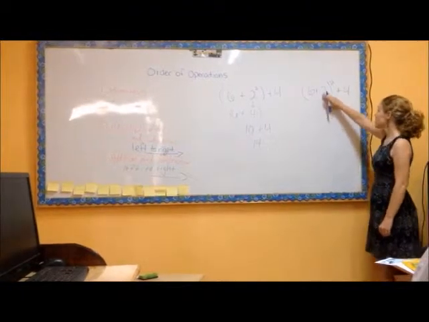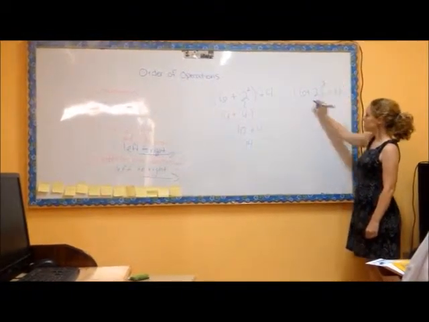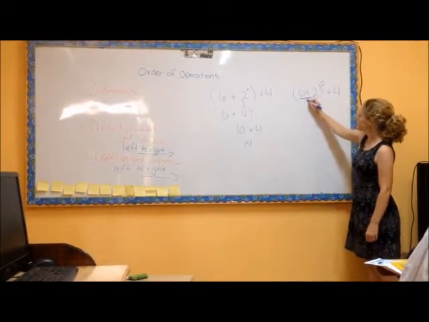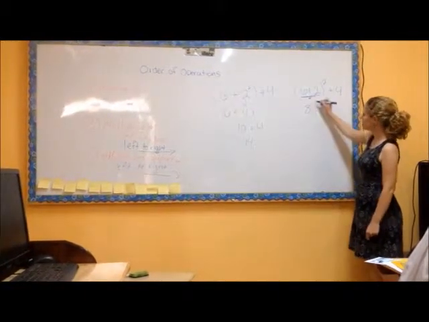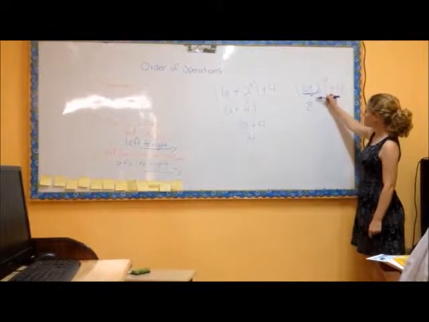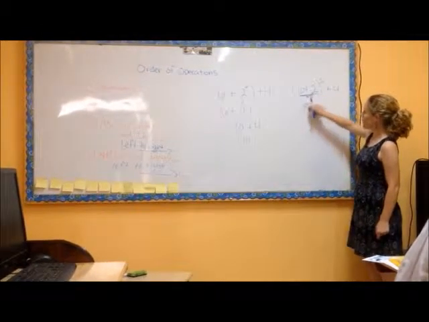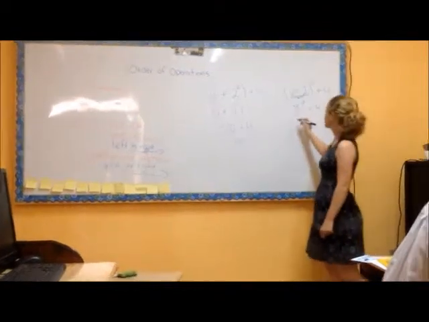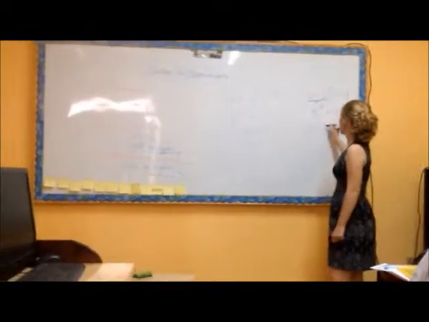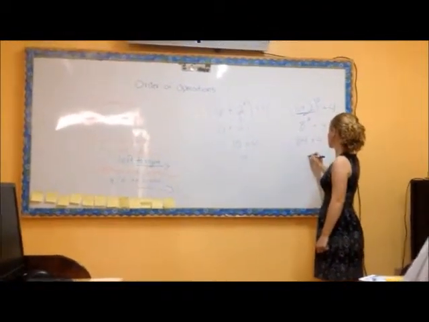On this one, the exponent's outside the parentheses. So the first thing we're going to do is the stuff inside, which is 6 plus 2 is 8. And then our exponent is going to be on the 8. So now we have 8 squared is 64, plus 4 is 68.